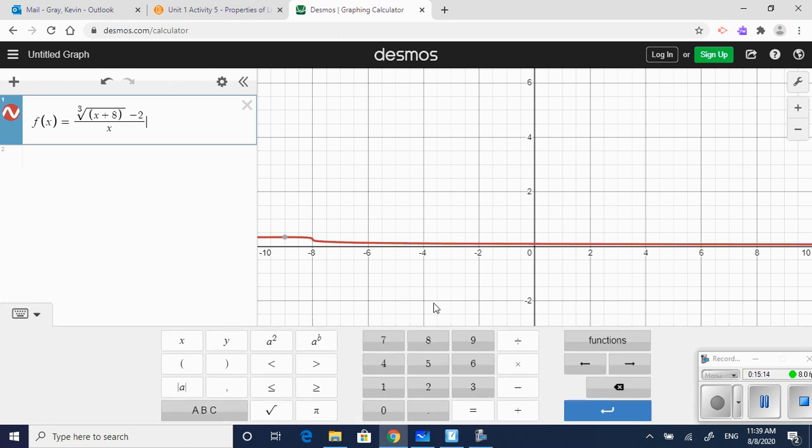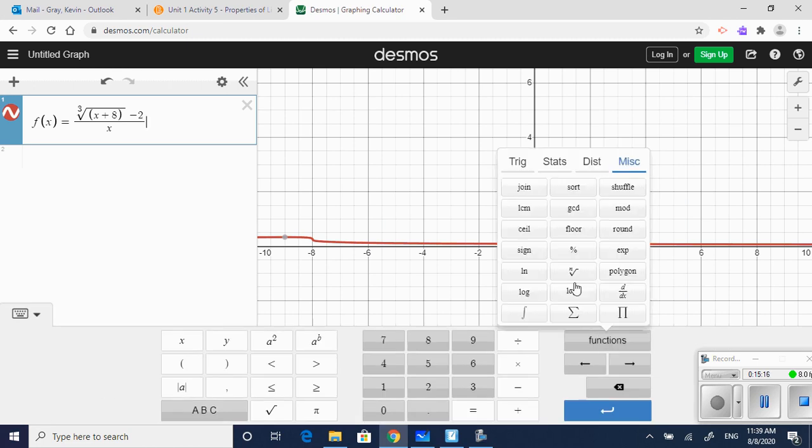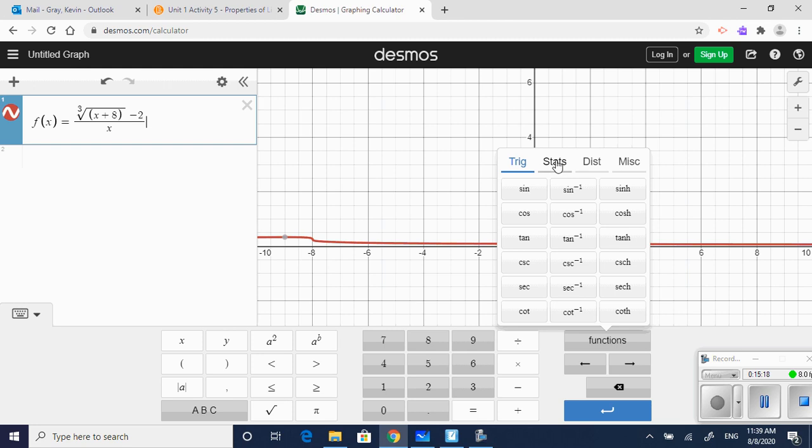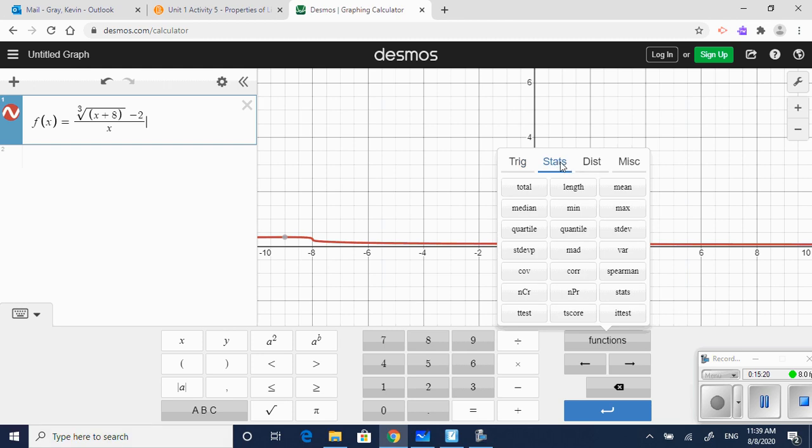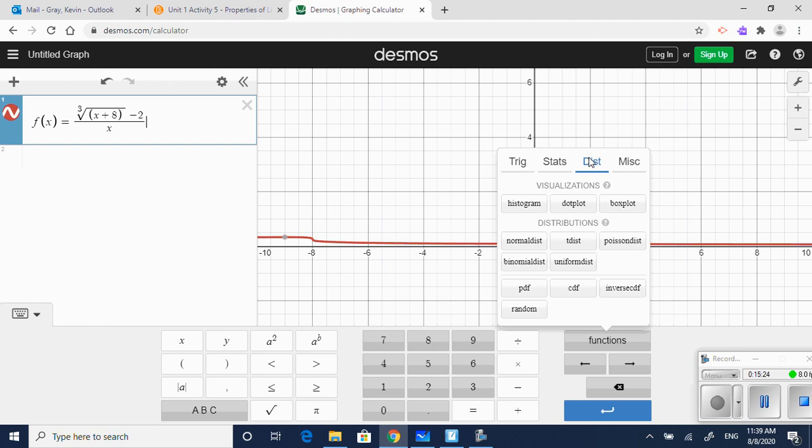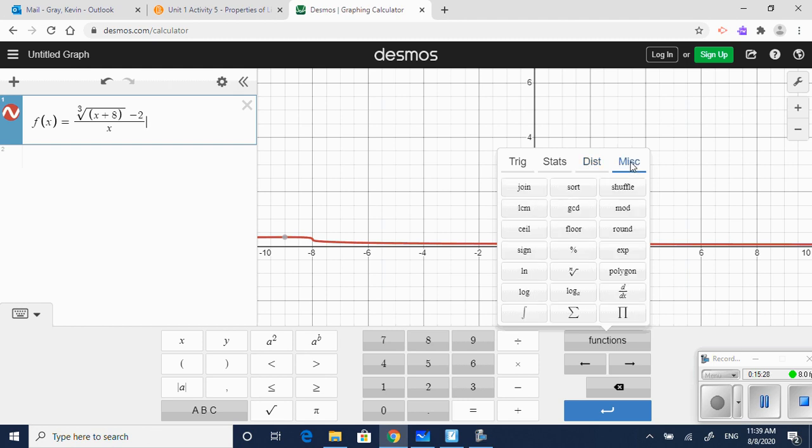When I click on that and click on the functions button, I've got trig functions, and stats functions. If you've taken MDM4U, there are some common stats functions and all kinds of distributions, and the miscellaneous tab has all kinds of things. We'll talk about log functions and some of these other ones. This one right here is what I used. The third group of functions was good here.